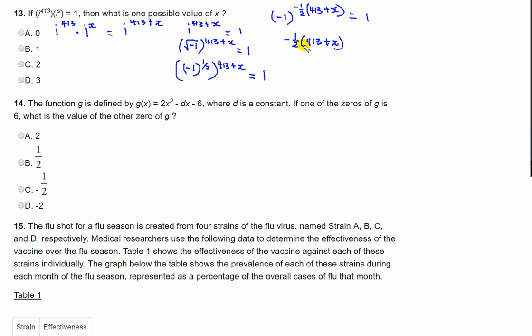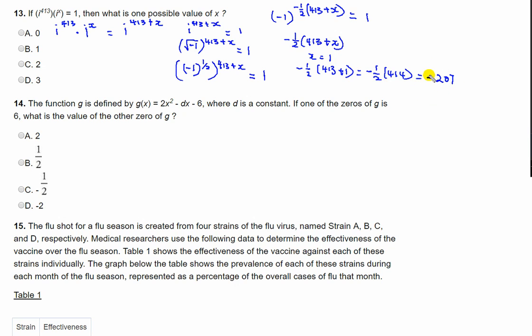So minus half times 414 comes to minus 207.